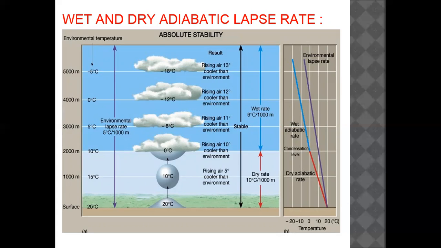That means when the atmosphere is full of moisture or water vapor, the temperature decreases with altitude at a different rate. So in different conditions, the rate of change of temperature with altitude is different.